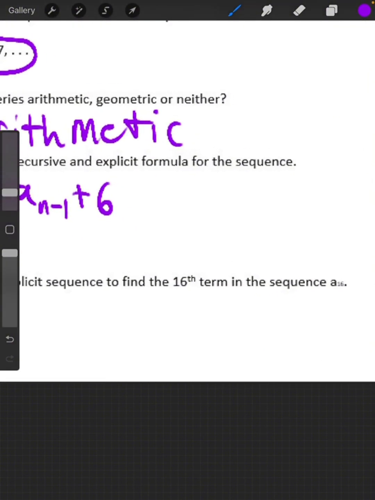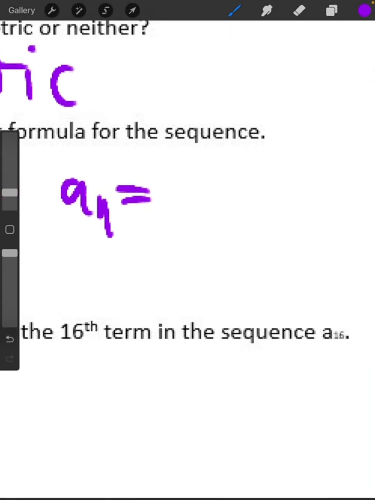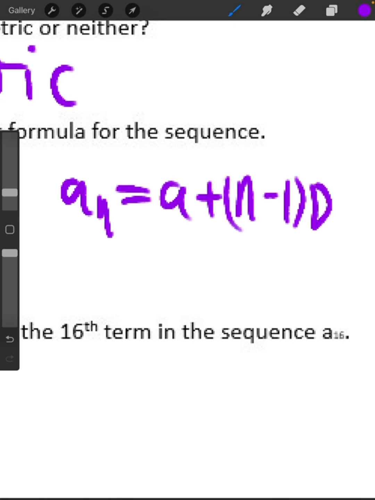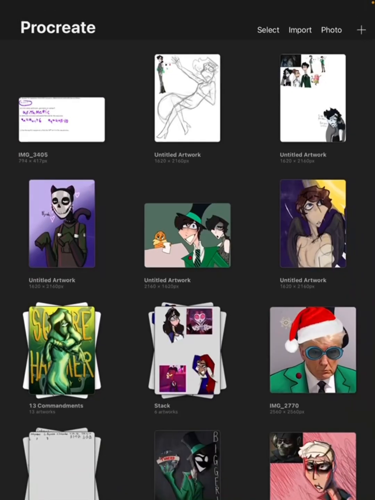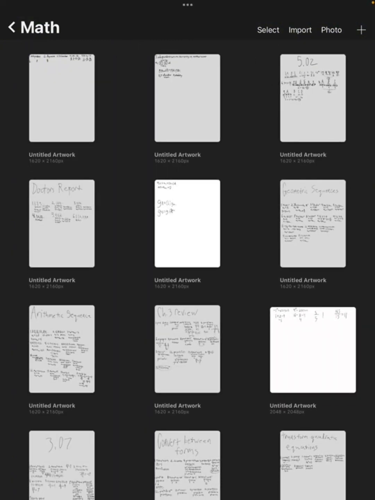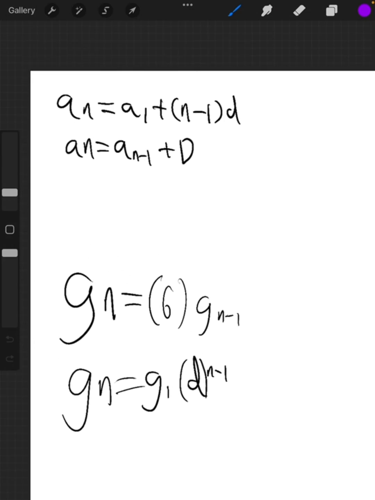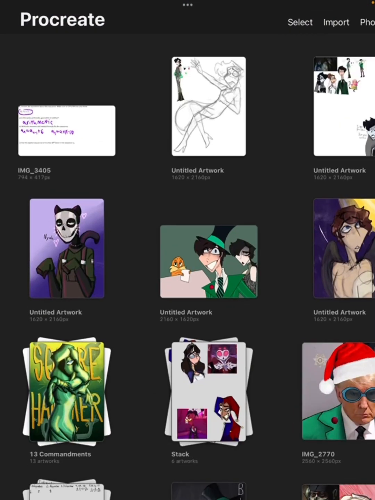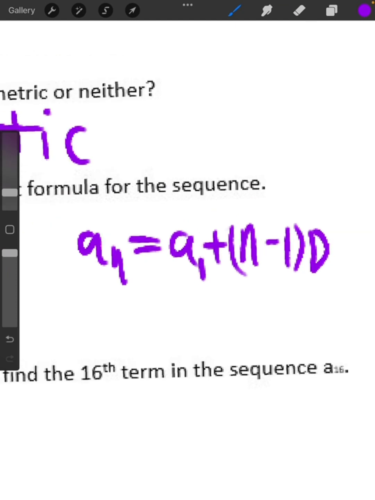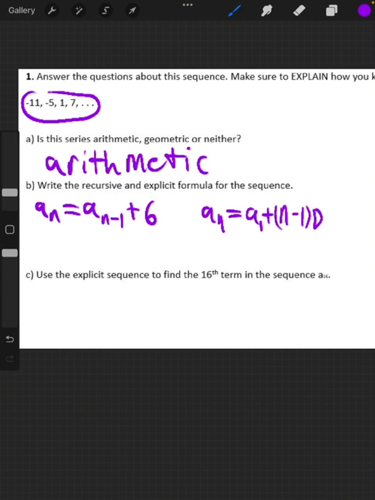So it would be a_n equals a_1 plus (n minus 1) times d. I'm going to check that, actually. Sorry, I'm having a hard time remembering stuff right now. Okay, so yeah, that was right. Well, mostly. Hooray.